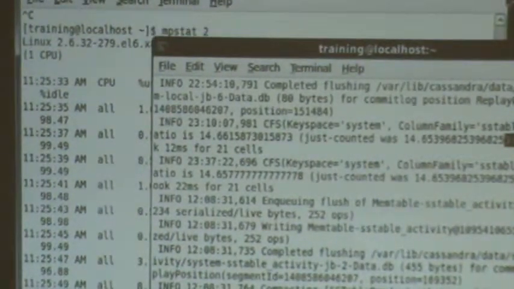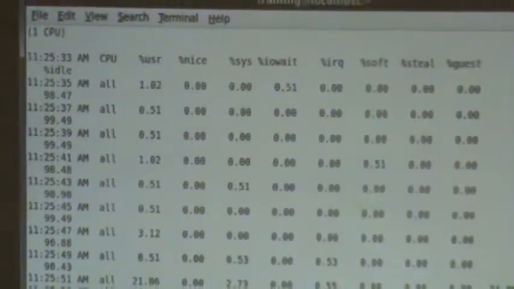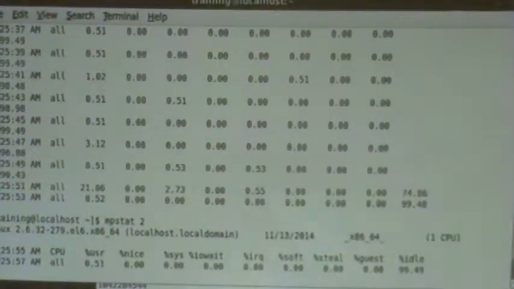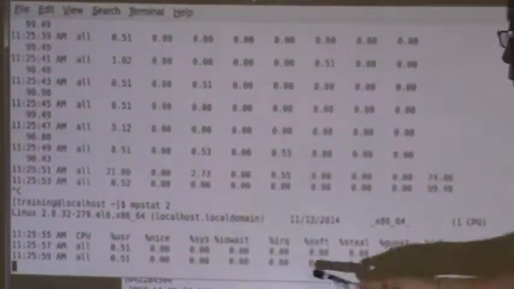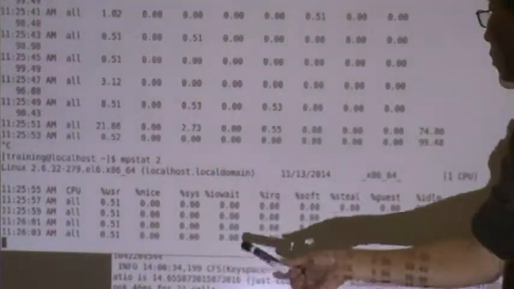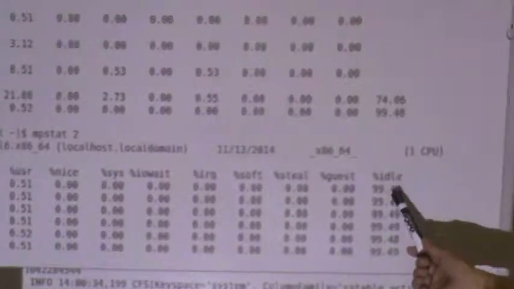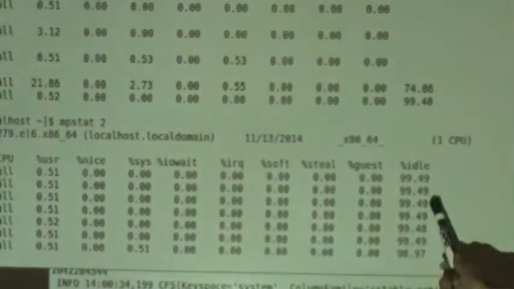Right here I have only one CPU, so for each CPU, what is the user time and what is the sys time, what is the I/O wait, and the other indicators you can see. It's almost idle, because I'm not doing anything.